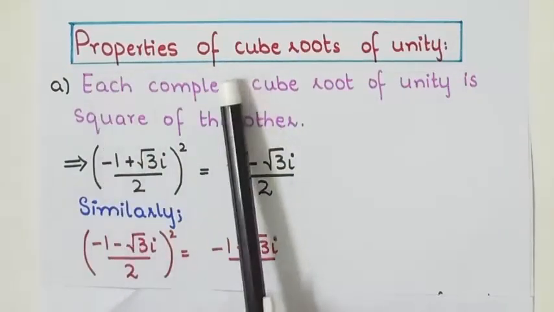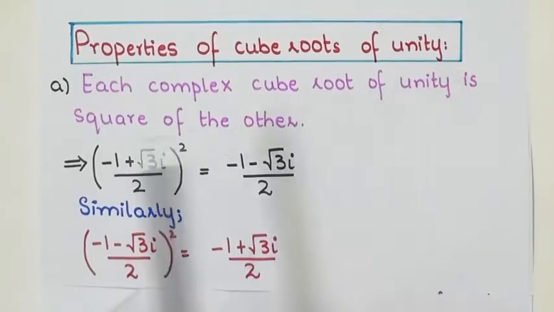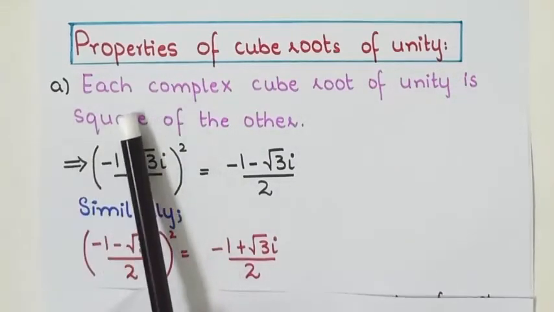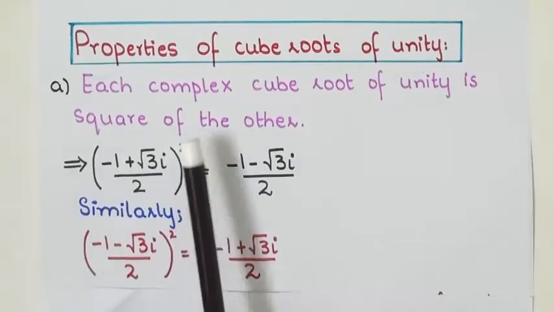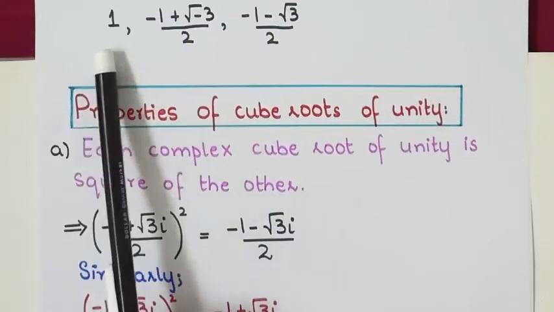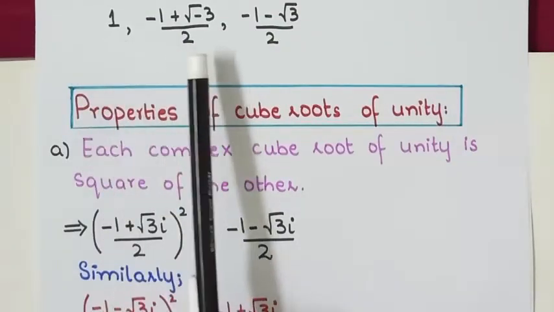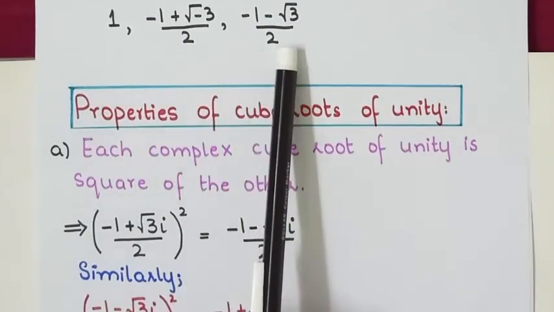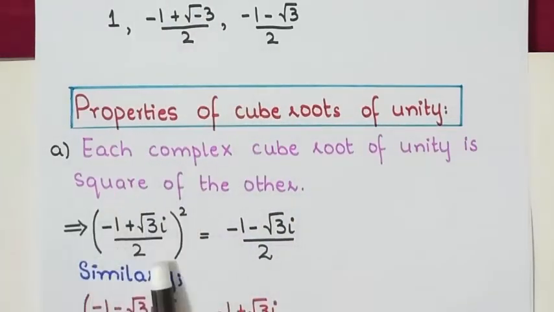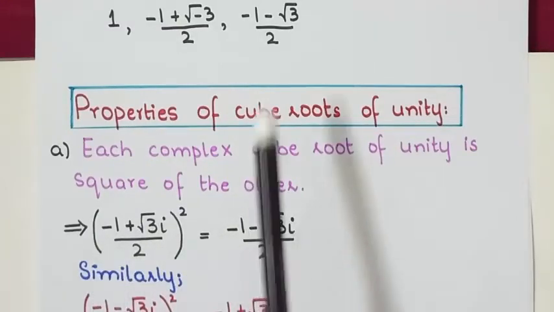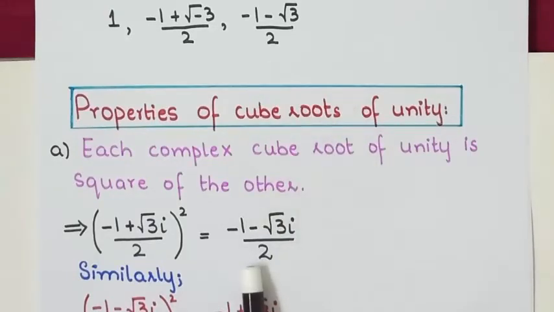So we have the properties of the cube roots of unity, and property number A says each complex cube root of unity is the square of the other. This is the cube root of unity 1 and these two are the complex cube roots of unity. It means if we take the first root and take its square, it will be equal to the other root, as you can see here, ((-1 + √-3)/2) whole square.